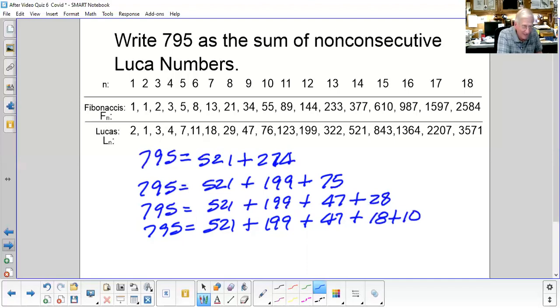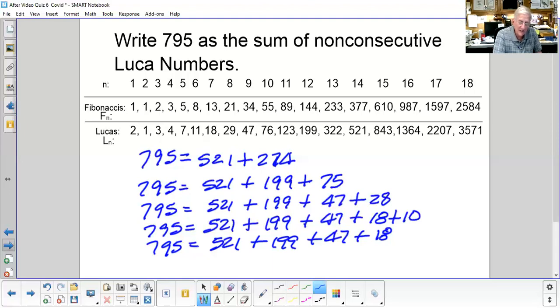Unfortunately, 10 is not a Lucas number, so I have to keep going. 521 plus 199 plus 47 plus 18, and the closest Lucas number to 10 is what? It is 7, right? I'm missing 10 by what? By 3. Hallelujah. I came up with a Lucas number.